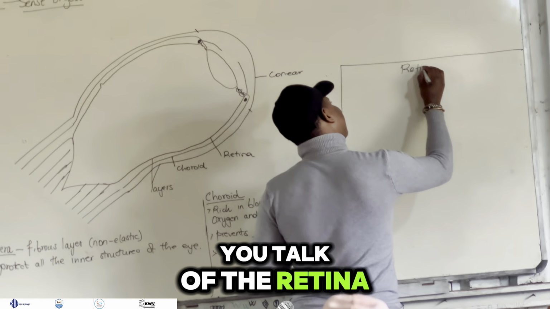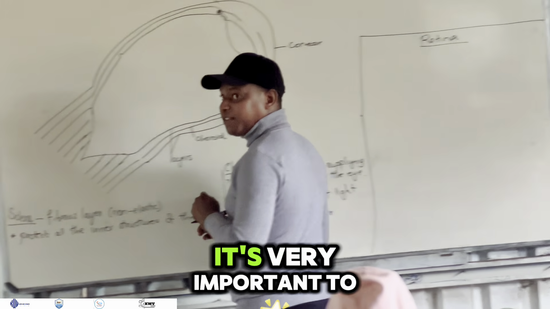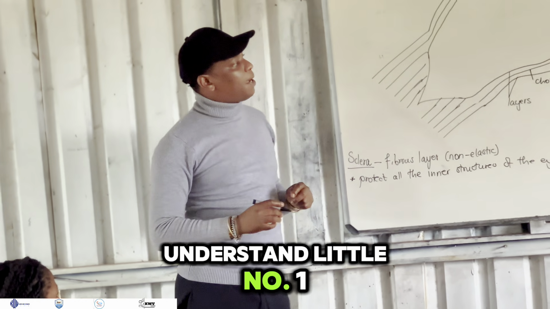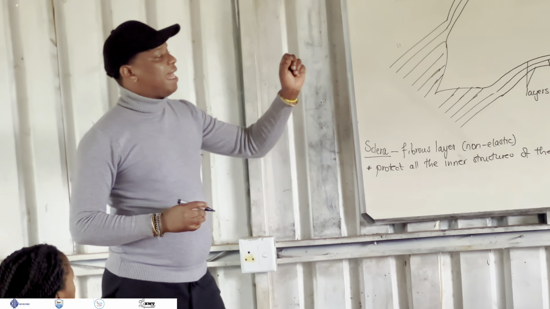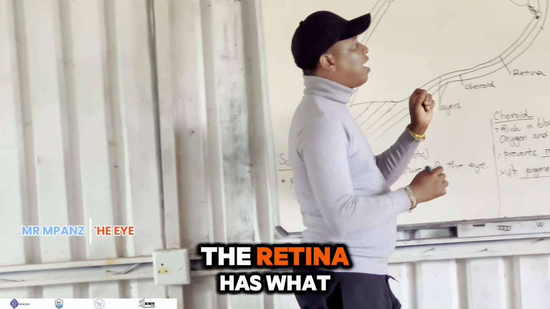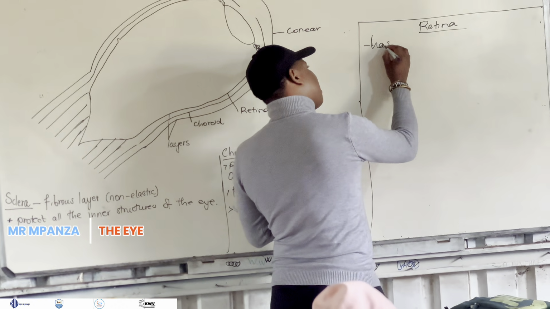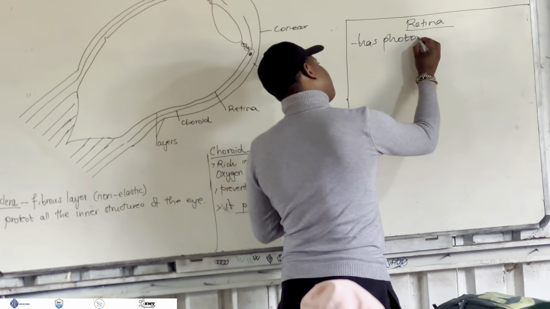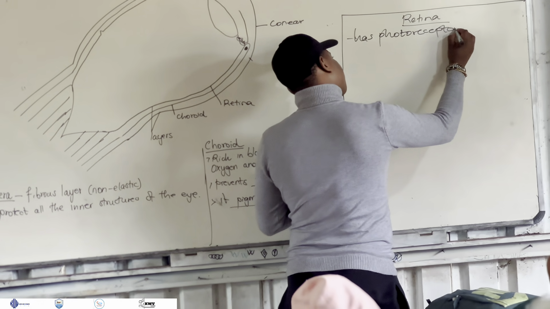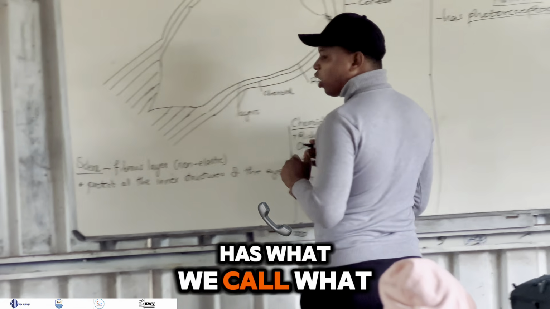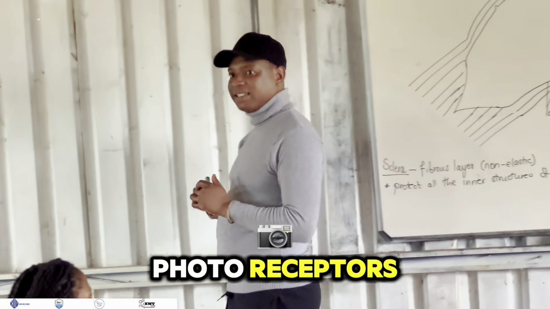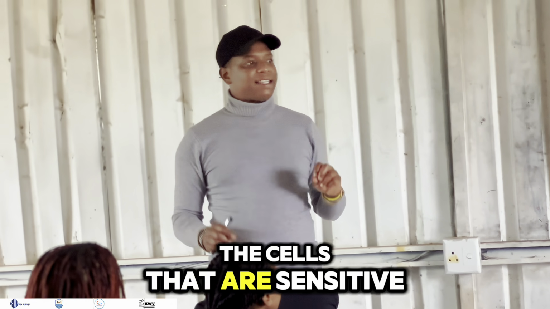On the retina, it's very important to understand the following. Number one, the retina has what we call photoreceptors, meaning that these are the cells that are sensitive to light.